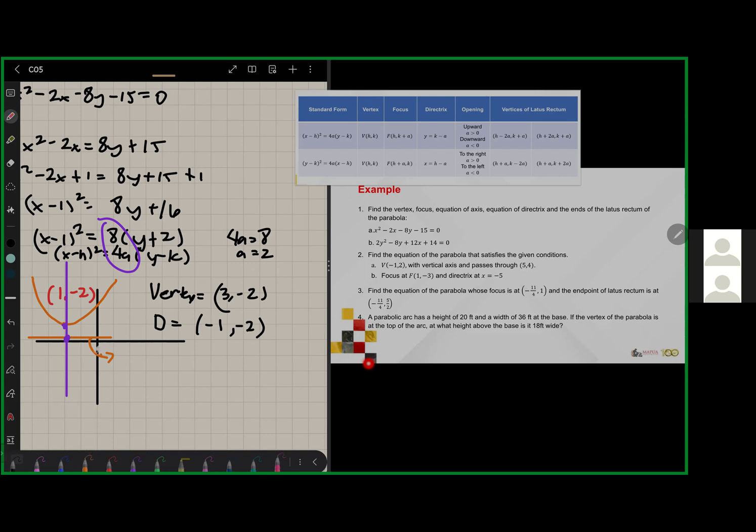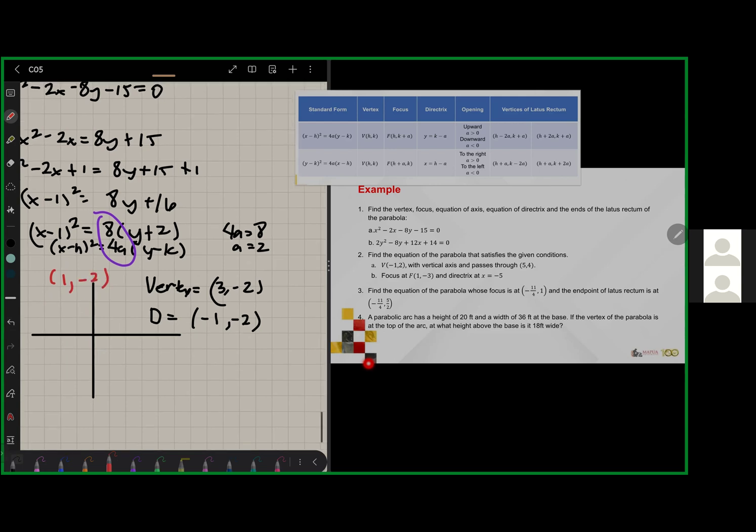Oh sorry, if we try to graph this parabola, the vertex is at 1 comma negative 2. If it is positive x, it should be on the right side of our x and y axis.